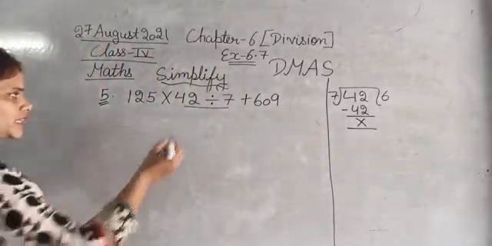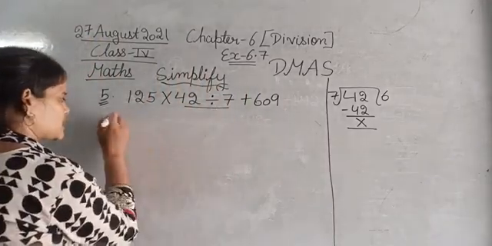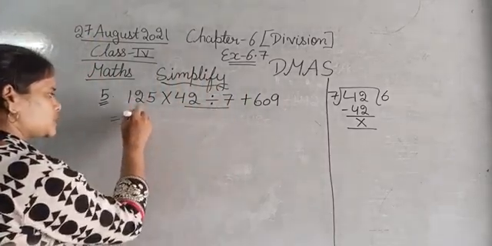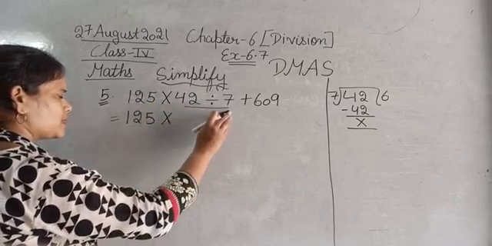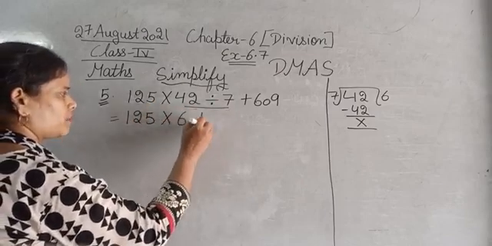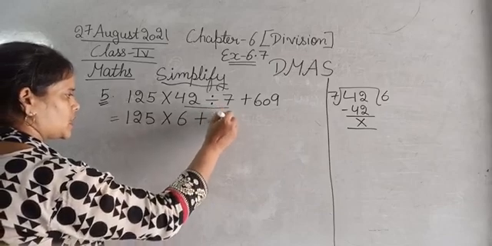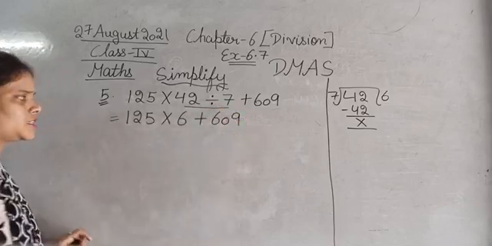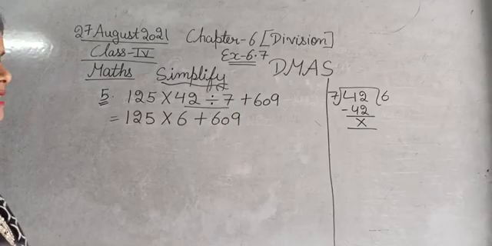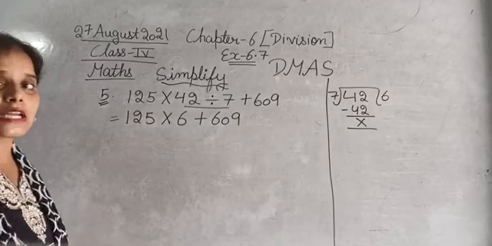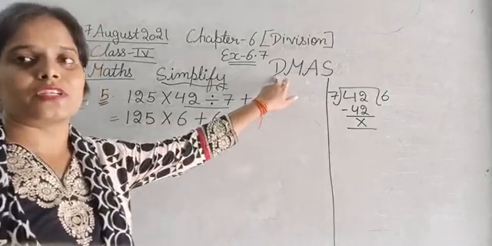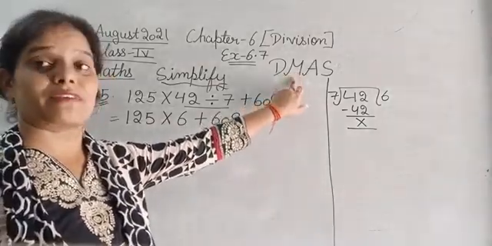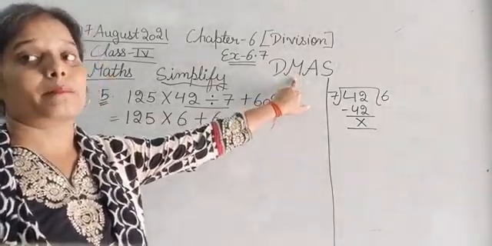So dividing these two, what did we get? 6. The rest we have also written, that is 125 multiplied by 42 divided by 7 we got 6 plus 609. So 125 multiplied by 6 plus 609. So this we have done the division. After division we have M. M means multiplication.